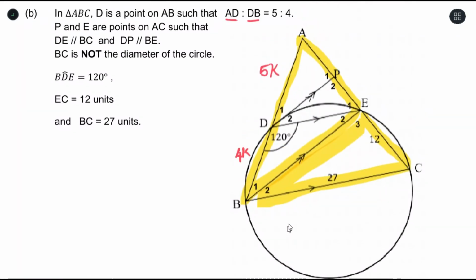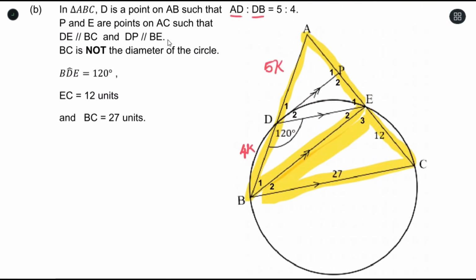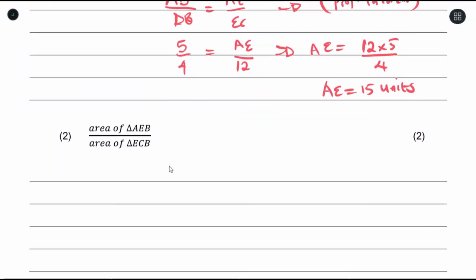Now, because these two triangles are in between two parallel lines, they would have the same perpendicular height. The ratio of the area of triangle AEB to triangle ECB will just be equals to AE over EC. Don't forget, it actually comes from this: half times perpendicular height times AE over half times perpendicular height times EC.